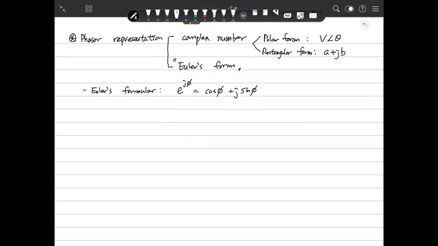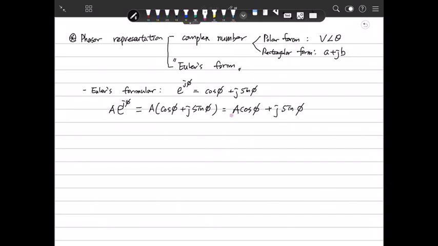So if we have a variable like a exponential j theta, that means it is the same as a times cosine theta plus j sine theta.